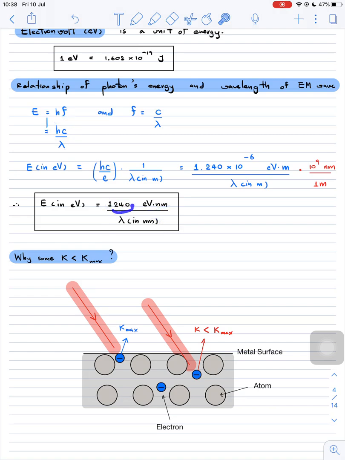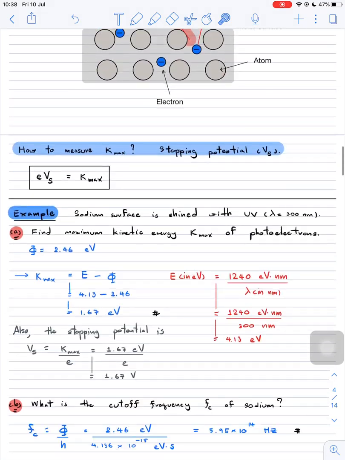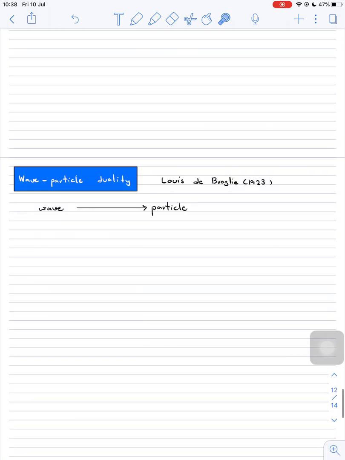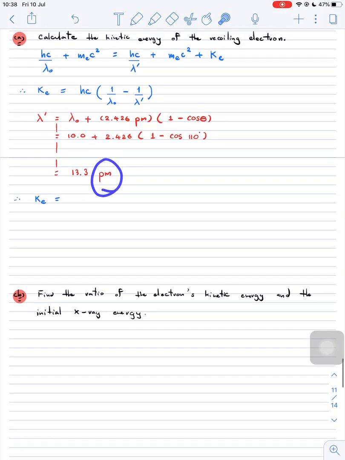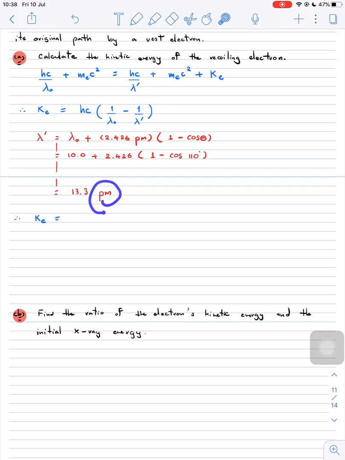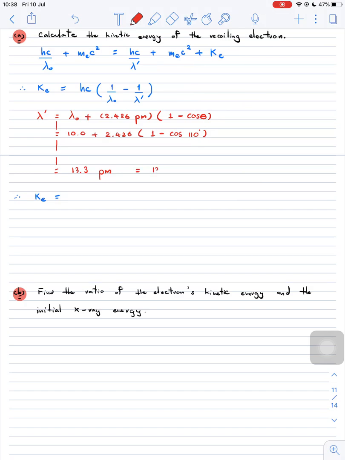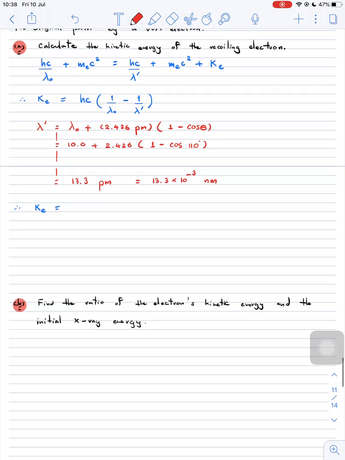Don't forget that 1240 is for the nanometer unit. But here we have the wavelength in picometer, so we need to convert from picometer to nanometer first. So it is 13.3 times 10 to the negative 3 nanometer, because nano is 10 to the negative 9, combined with 10 to the negative 3 gives 10 to the negative 12, which is pico.